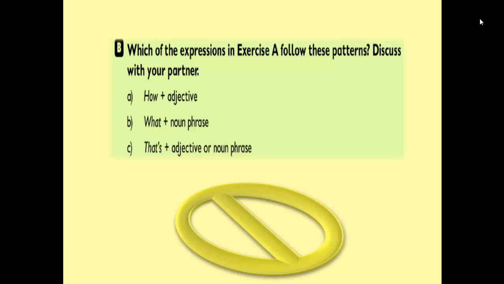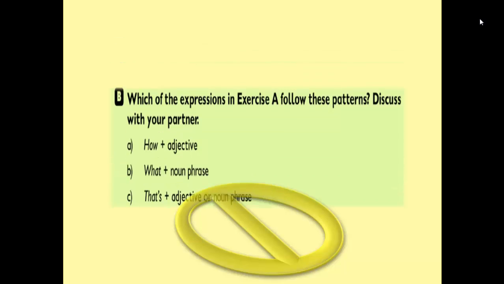Here we use number C, that's plus adjective or noun phrase. If we see how exciting, also here we use the pattern number A. And finally, how annoying. Here we use the pattern number A.